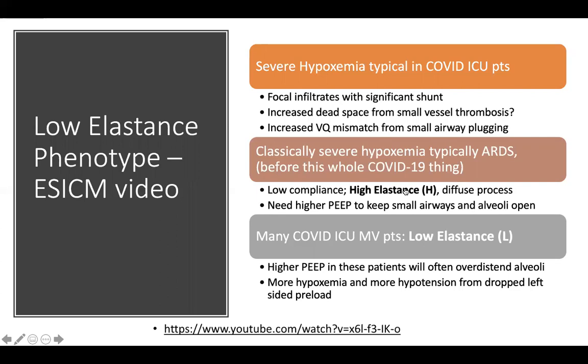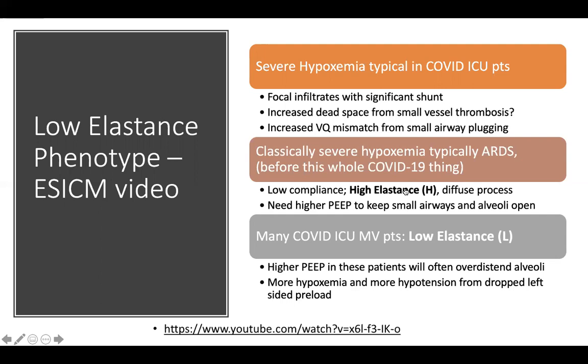And hence the hypoxemia that we see in these patients is not a diffuse process, but more focal infiltrates with significant associated shunt. There may be additional issues that lead to hypoxemia, including dead space from small vessel thrombosis that's been postulated, and some data and radiographic evidence for further dead space and VQ mismatching with small airways being plugged with tenacious thick mucus.